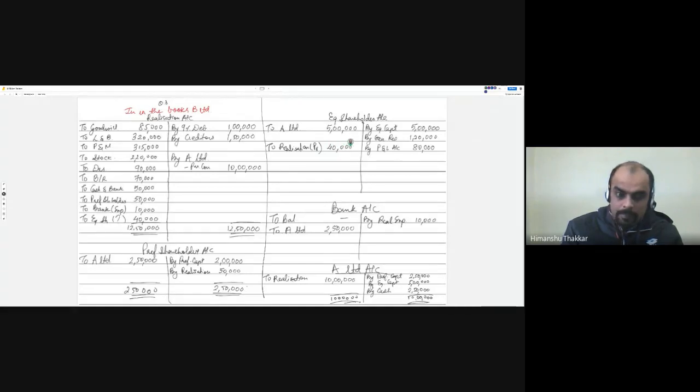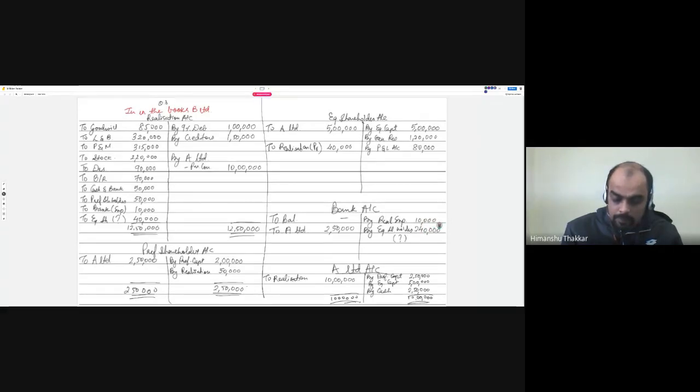Then whatever amount is left in cash and bank account, the difference of bank will be transferred to equity shareholders account, 2,40,000. The balancing figure.